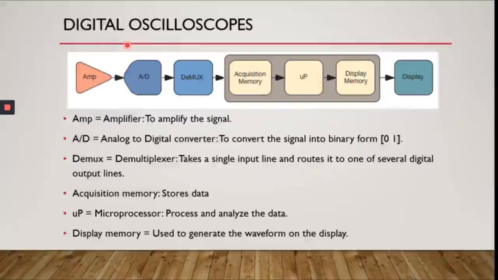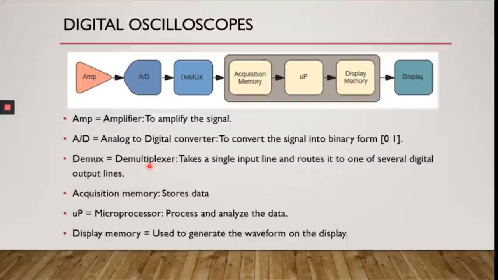Now let's look at the digital oscilloscope. The basic digital oscilloscope consists of these elements here. We have the amplifier to amplify or make the signal become larger. And then we have the analog to digital converter to convert the signal into binary form, like what I explained previously.